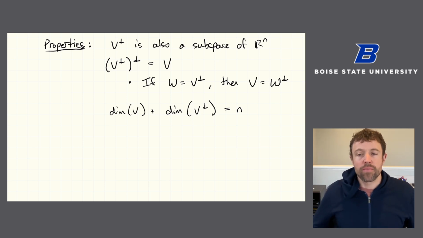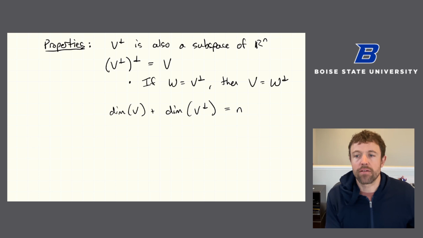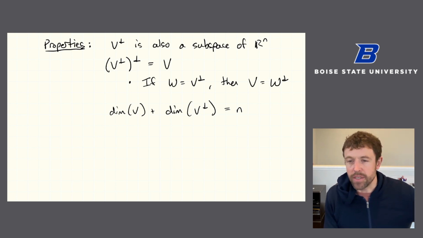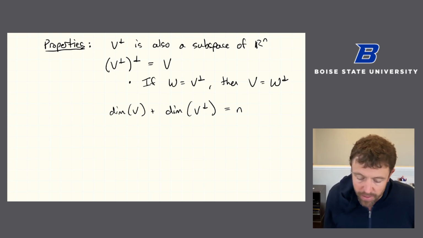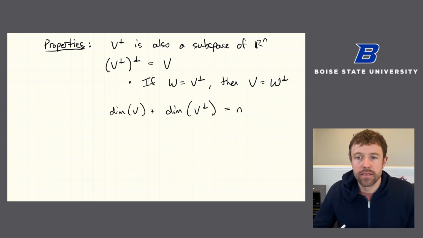And there's one final property that I'm not really going to dive into, but I want to write it down now because we'll use it later. We'll really use it in the background. It'll be important for a lot of the facts that we use, but we won't directly use it all that much. And that's that if you take any vector in Rn, you can write it uniquely as a vector in V plus a vector in V perp.